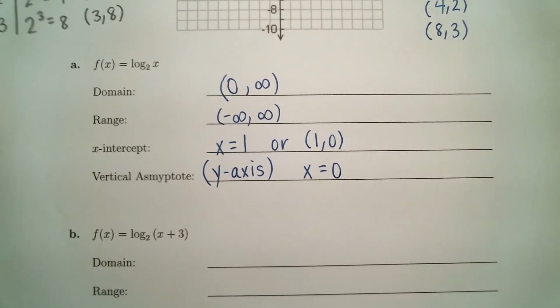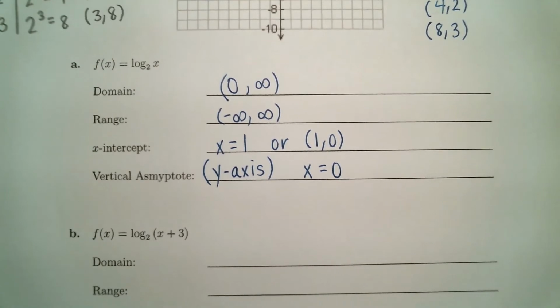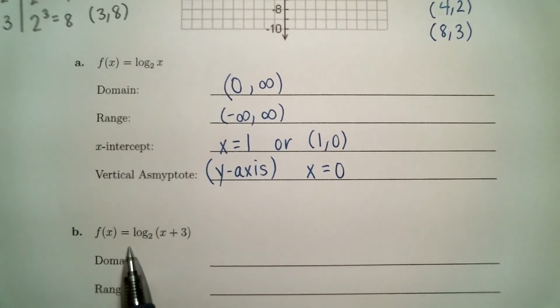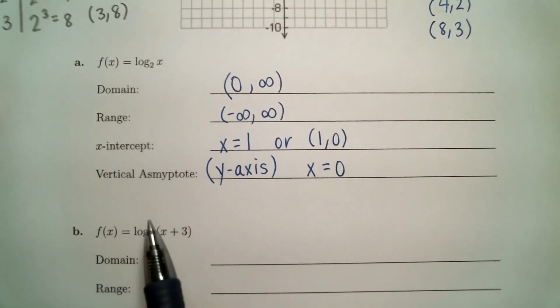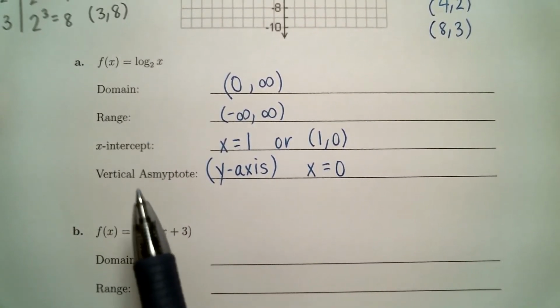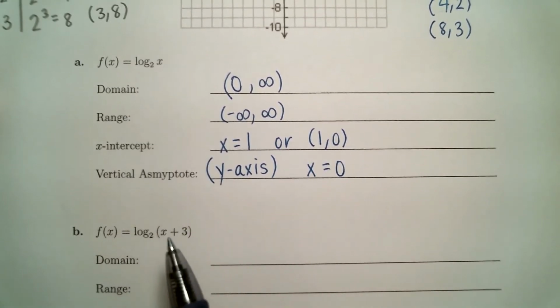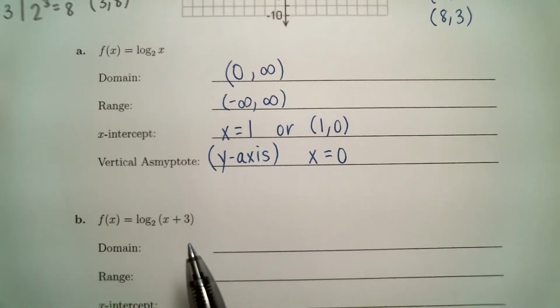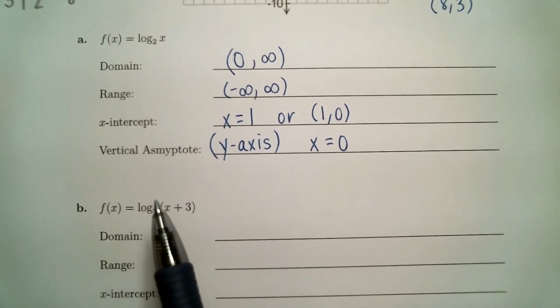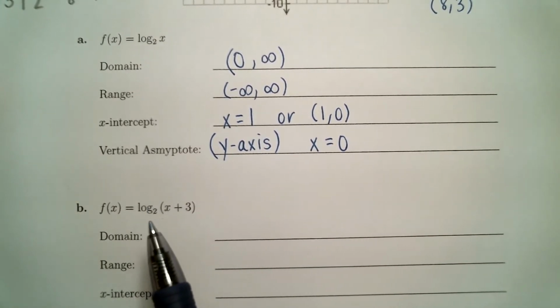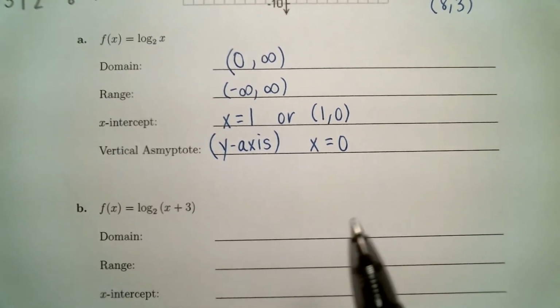All right, so now we are going to look at the graph in part B, which is log base 2 of x plus 3. If you notice, this graph also involves log base 2. All that is changed is that instead of x, we have x plus 3 in parentheses. Hopefully you recognize this as a transformation. Your parent function is going to be log base 2 of x, which we have already graphed.